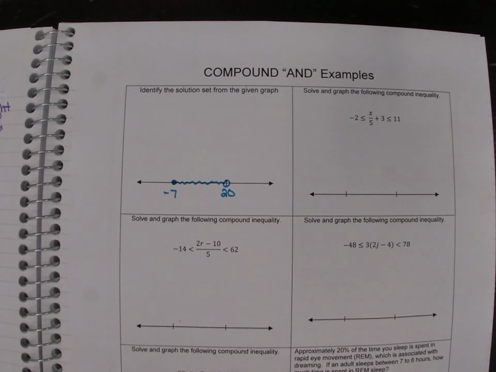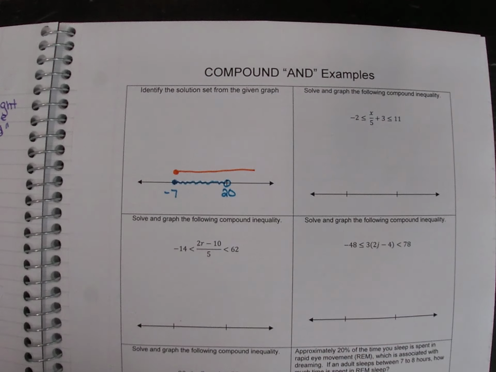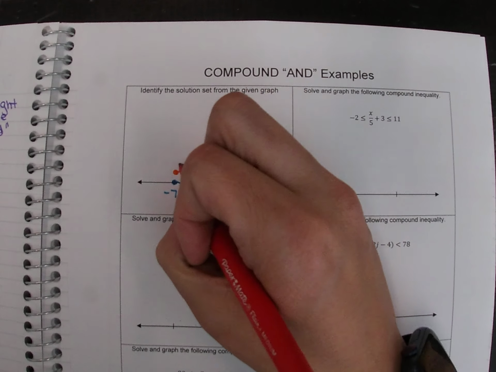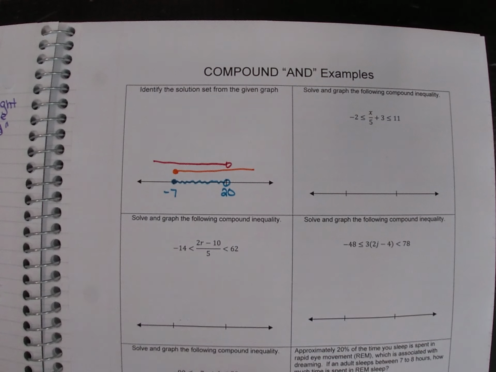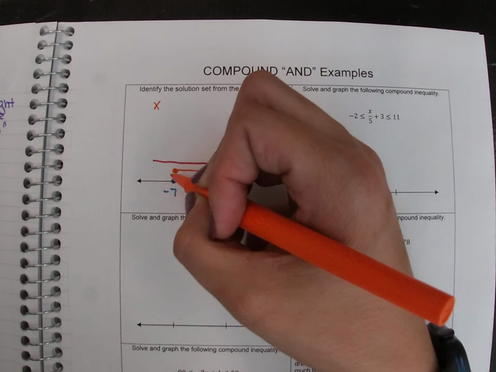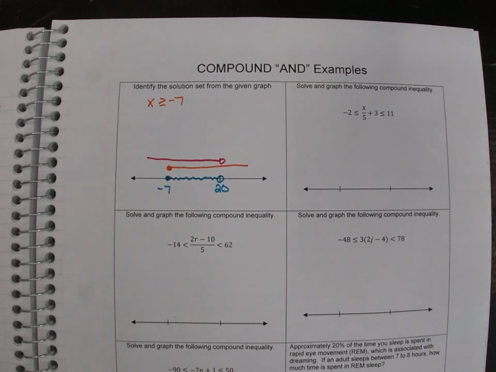So we said we kind of have to think about this as two separate things, where we know we have one graph going here, and we know we have one graph going here. If we look at just the orange one, that's telling us that x is greater than or equal to -7.